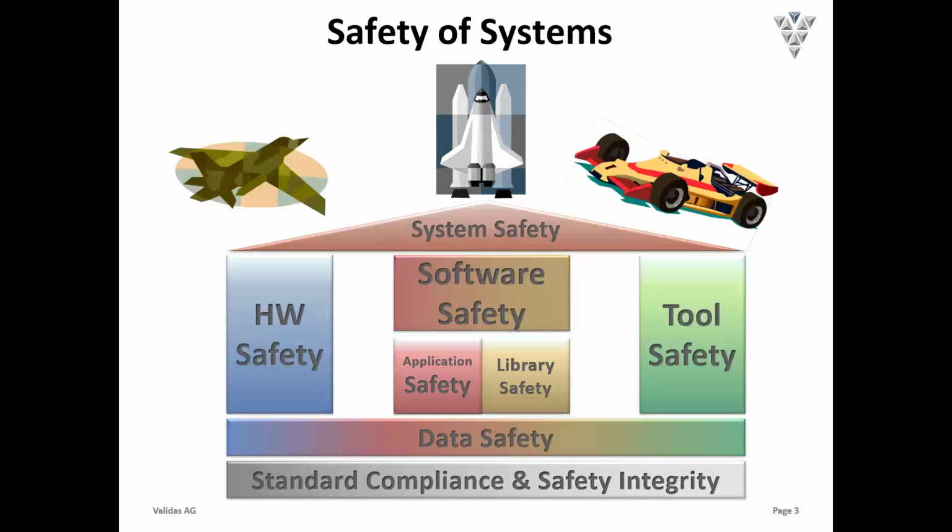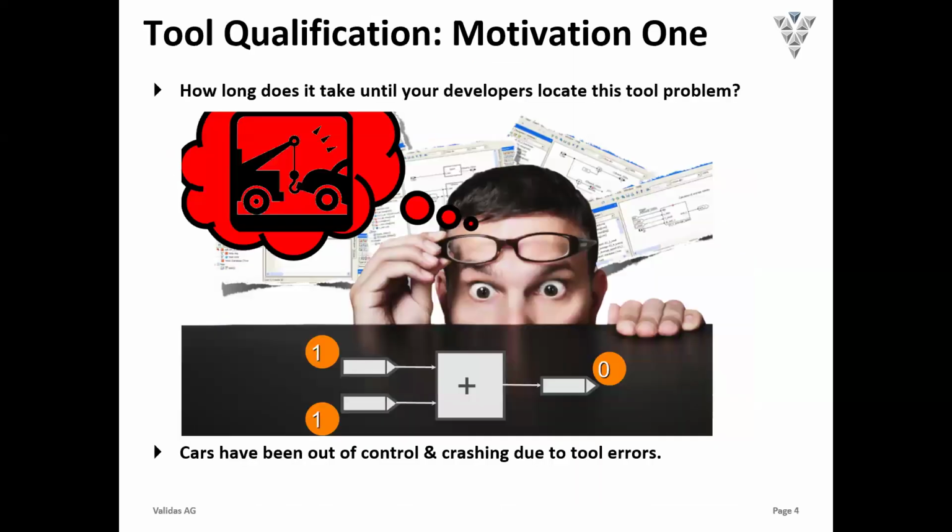And yeah, well, let's look at the motivation for tool qualification. Tools can have errors, and this is something we really observed. With a code generator, you have your model, you want to do a simulation, and maybe the simulation is not correct, but then you generate code, and then 1 and 1 is not 2 but 0. And then you say, oh, we have found a bug, go to the tool provider and say 1 and 1 should be 2.